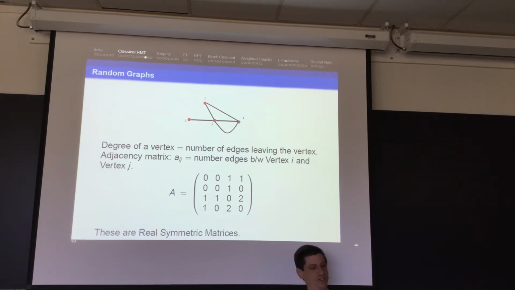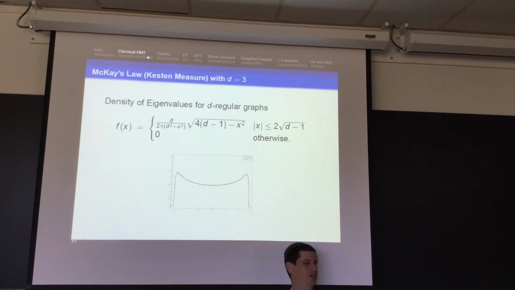And you can look at the density of states. So here is what you get when d equals 3. So what this means is each vertex is connected to exactly 3 others. Does this look like a semicircle? No. However, let's look and see what happens as d gets very, very large. So the eigenvalues x is at most basically 2 root d.